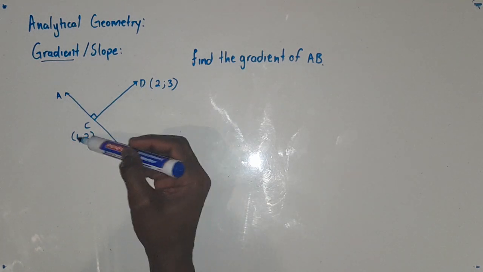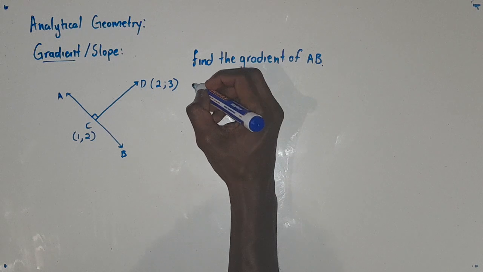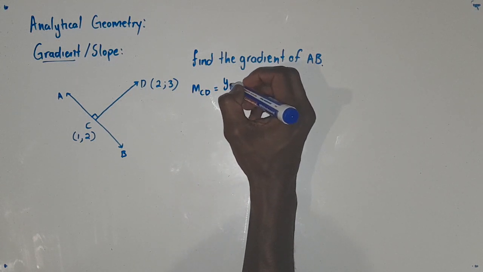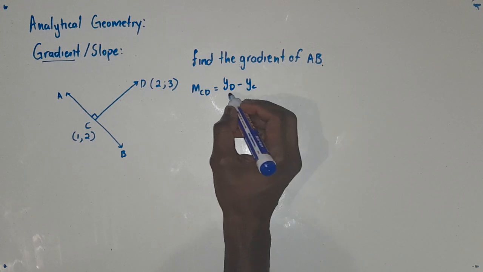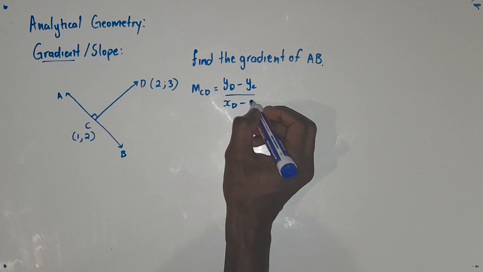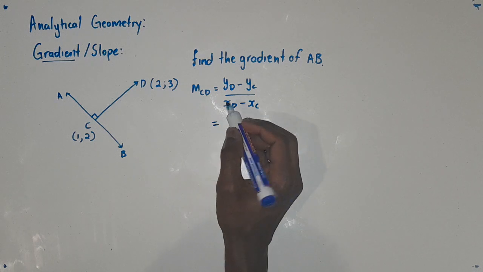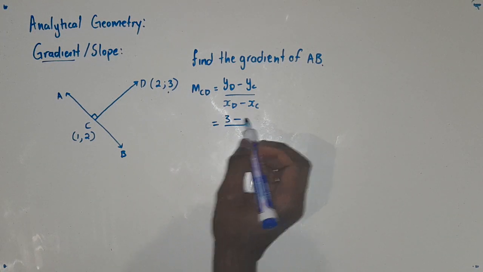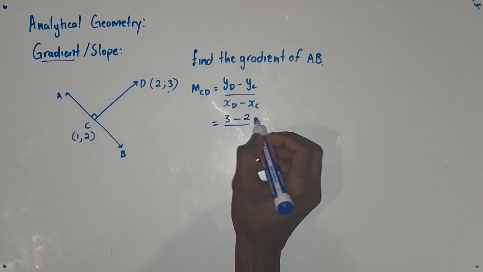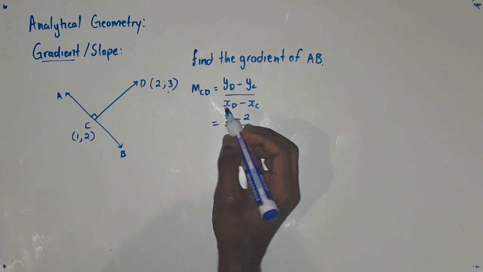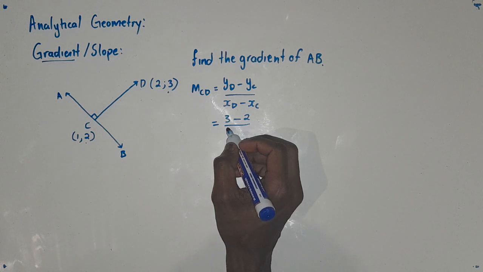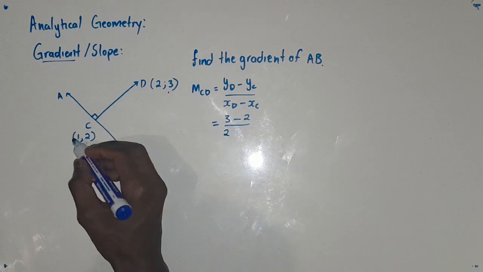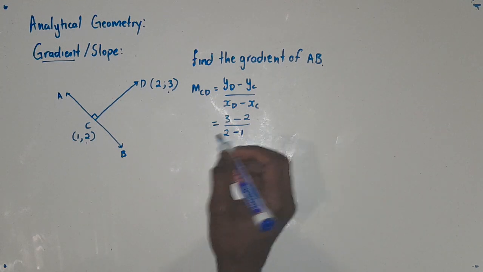How would you go about determining the gradient of AB? Firstly, we need to determine the gradient of CD. Go to this equation: for CD, yd minus yc over xd minus xc. Then yd is 3 minus, for c we have 2, and for x we have 2 minus 1.